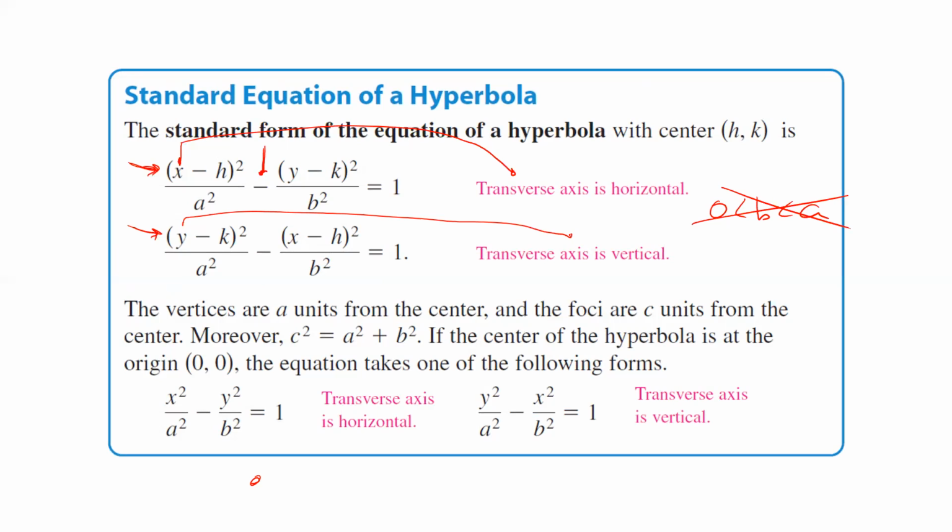Everything else remains the same though. Then how we graph it is going to be a little different too. Okay, let's jam because we have limited time. So you can tell if it's horizontal, x is in front, vertical, y is in front.